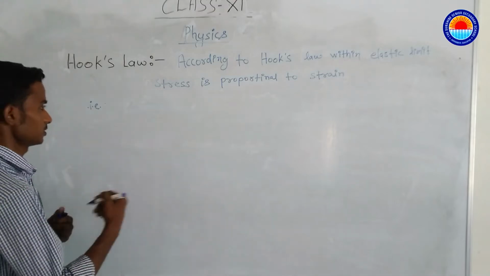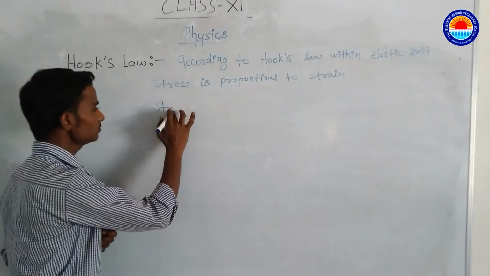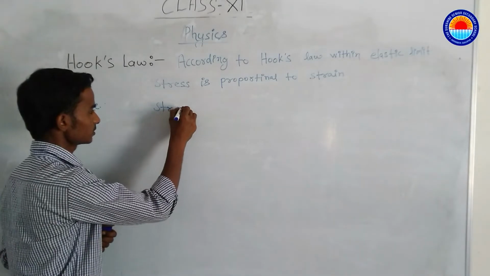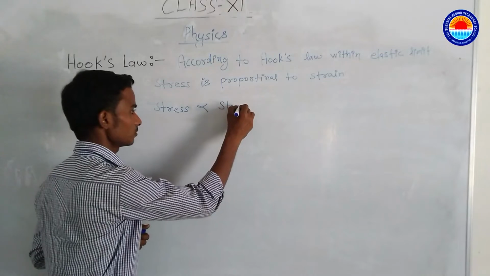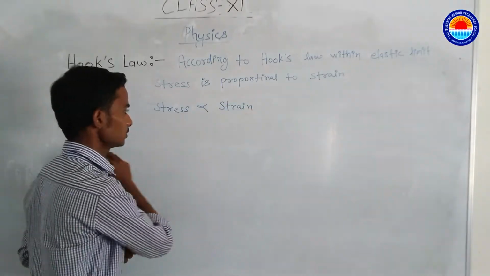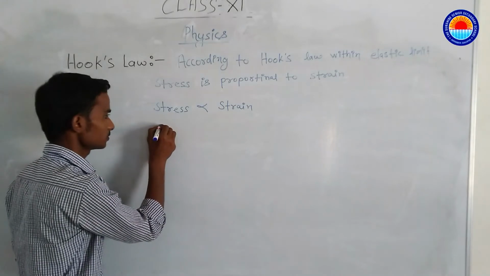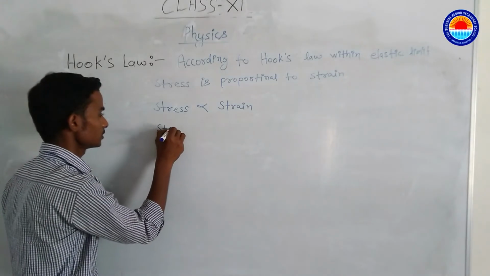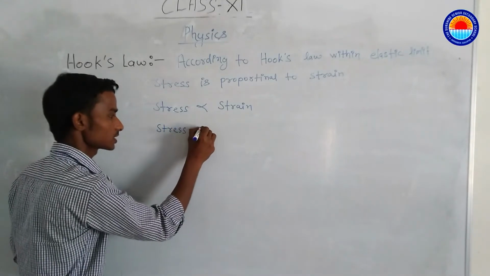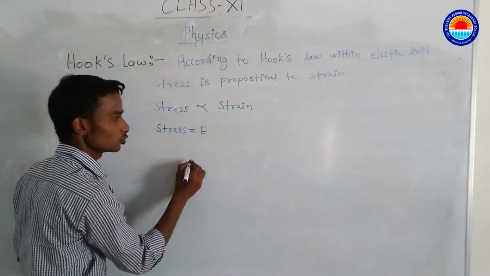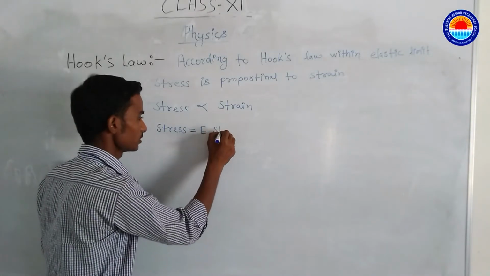That is, stress is proportional to strain. Here we choose a constant: stress over strain equals a constant, E, known as the modulus of elasticity.